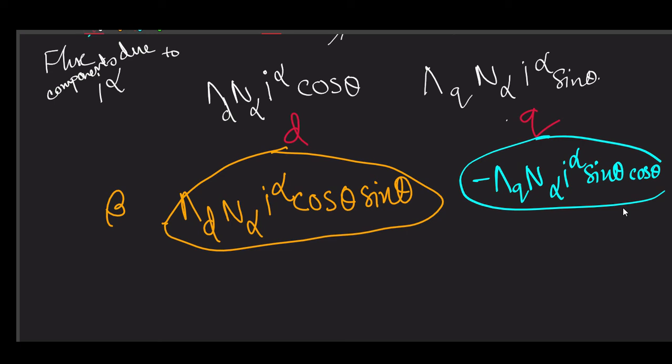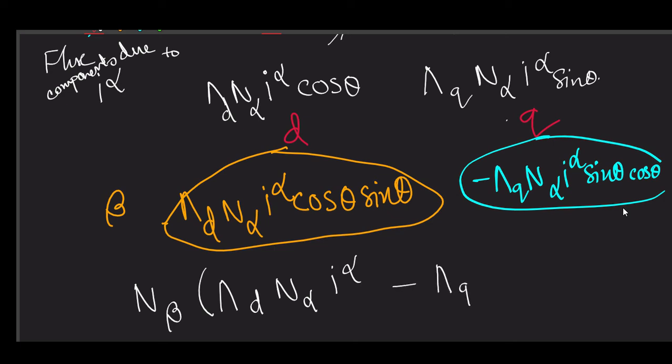Flux linkage of B phase winding will be n beta lambda d n alpha I alpha minus lambda q n alpha I alpha, right? So into sin theta cosine theta.